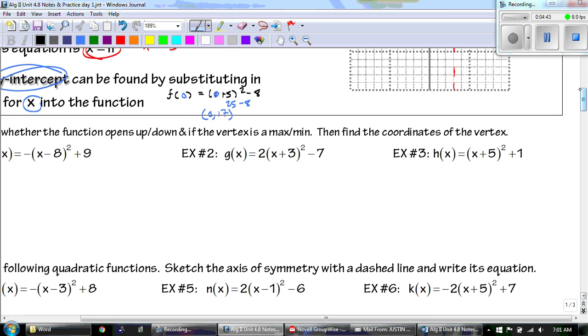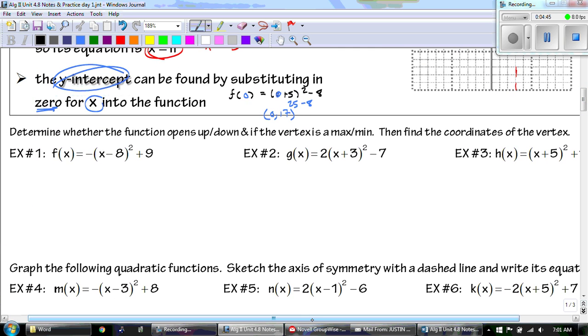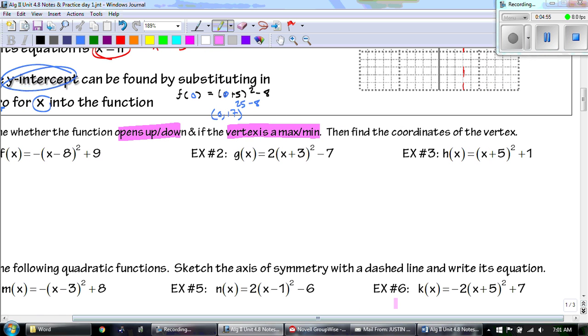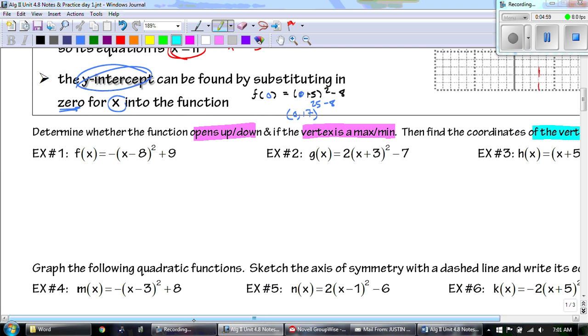So the first part says determine whether the function opens up or down, if the vertex is a max or a min, and then we need to find the coordinates of the vertex. Okay, so let's look at the number out front, because that tells me a is negative 1, and if a is negative 1, it's going to open down.